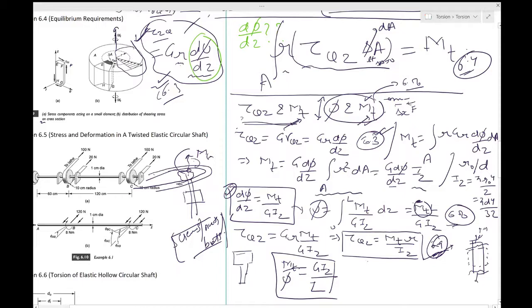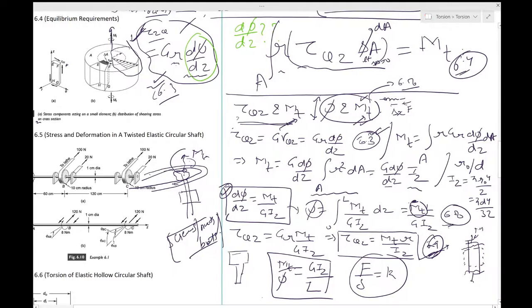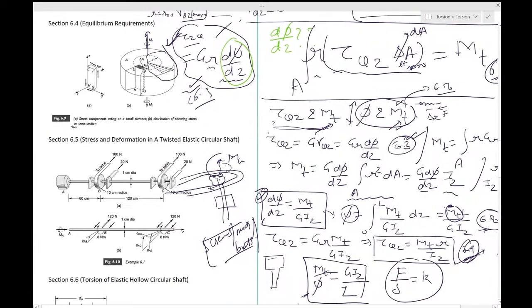This is just like writing F by delta for a spring, which would be K. So this gives the twisting moment per radian of twist. The ratio is analogous to a spring constant, which gives tensile force per unit length of stretch.